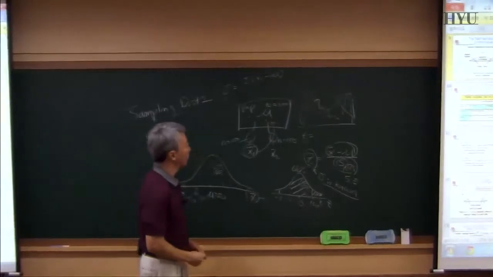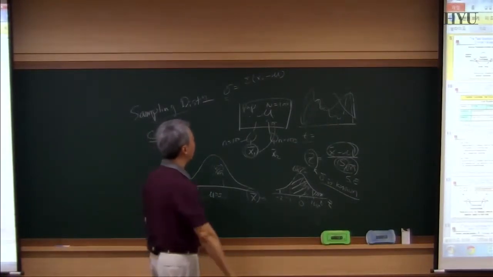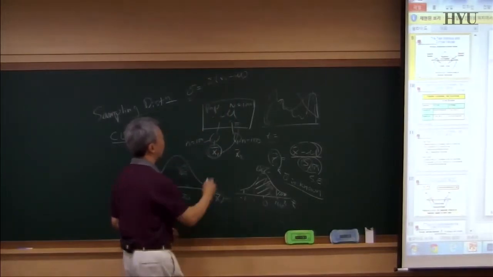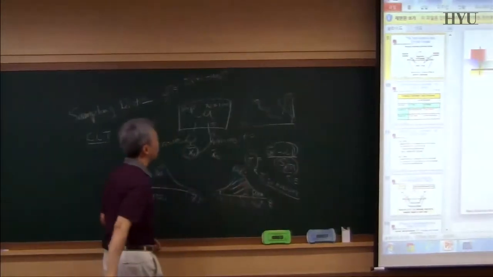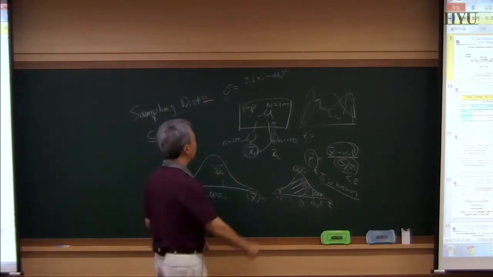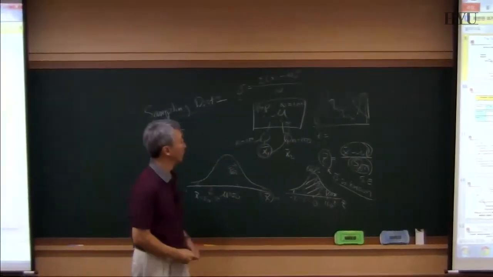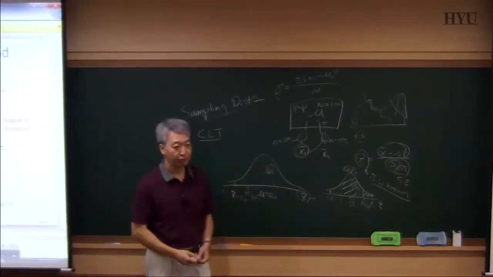So what we do is, from each observation we subtract the population mean, square those differences, and add them up, and then divide the whole thing by the population number of observations, right?